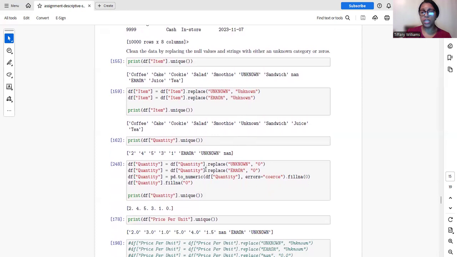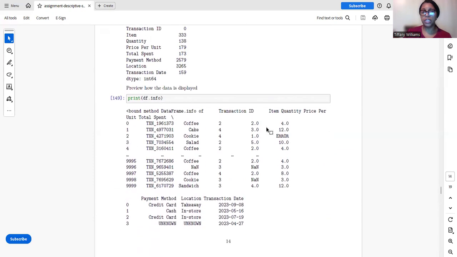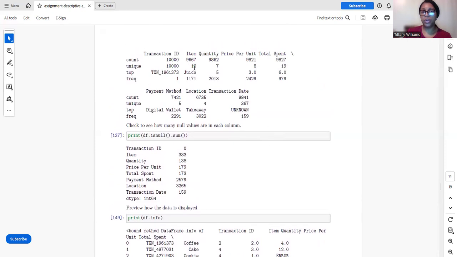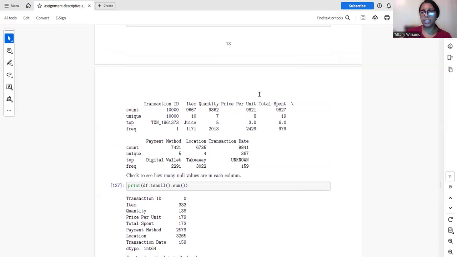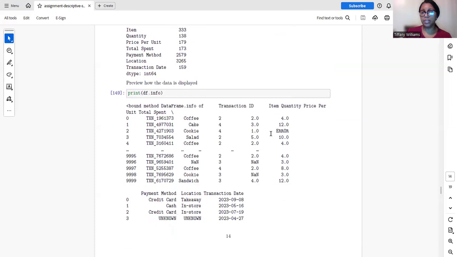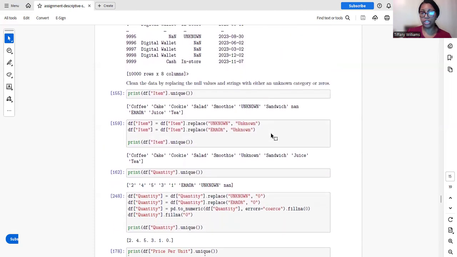As well as for quantity, because it will be an integer, I replaced them with zeros. One of the things I do want to call out before I keep going forward is that although these were numbers, they are not listed as integers or floating types. So we will be addressing that later in this question.